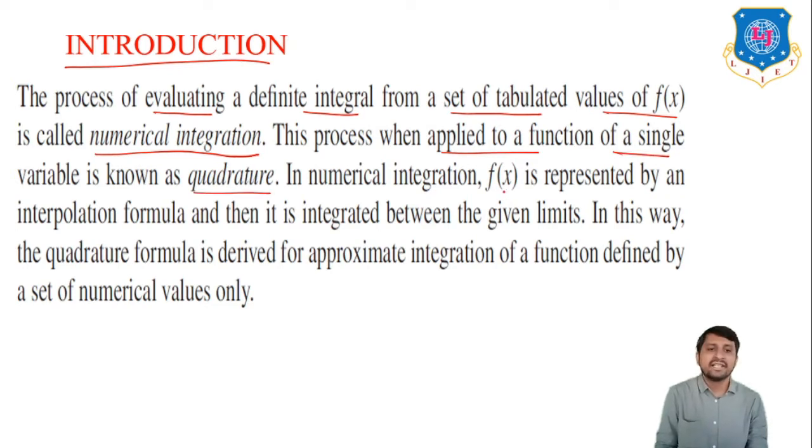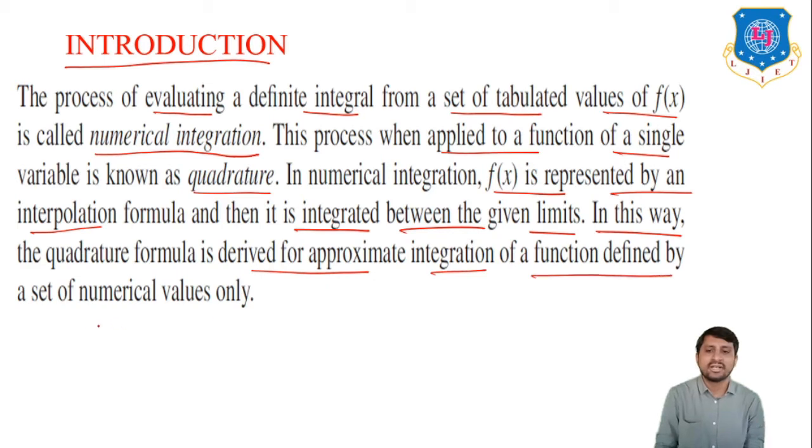In numerical integration, f of x is represented by an interpolation formula and then integrated between the given limits. Finite integration limits are always given. In this way, the quadrature formula is derived for an approximate integration of a function defined by a set of numerical values only.